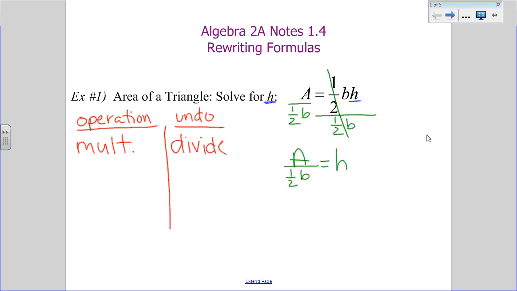Now, I don't like having this 1/2 in my denominator, so what do we do with that? Remember that this is the number 1. And so when you have something like this that is just a single fraction, if there's no addition or subtraction, what you're going to do is divide the coefficients.